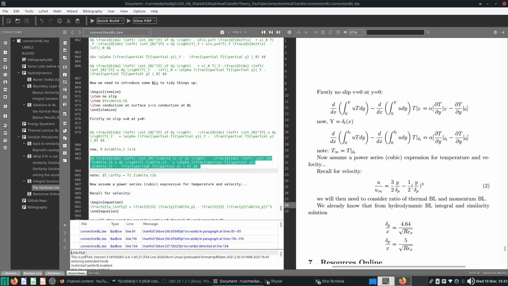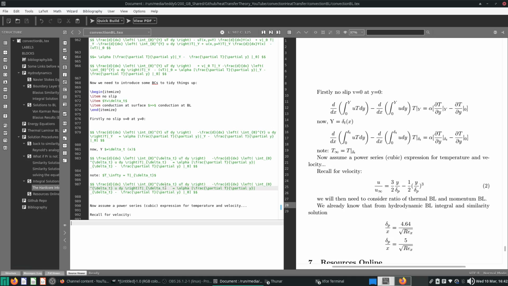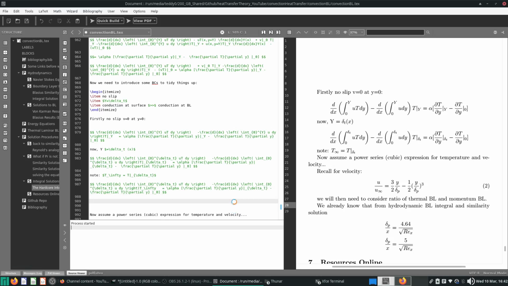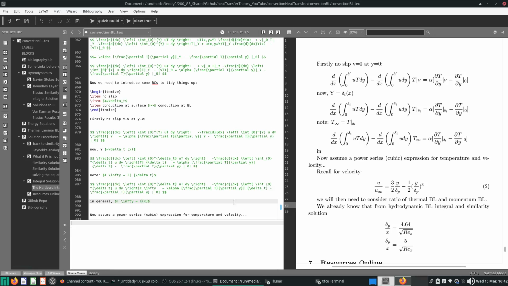Okay, but before we can just bring this T infinity in and assume it's independent of x, in general, T infinity equals some function of x.